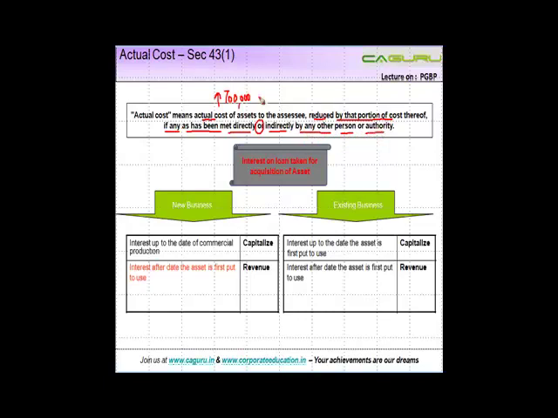So if the government paid me 3,50,000, then the total payment I made was only 3,50,000, and therefore my cost for the purpose of depreciation will be 3,50,000. Okay? And I will get depreciation only on 3,50,000 and not 7 lakh.